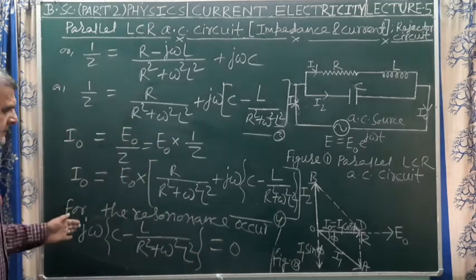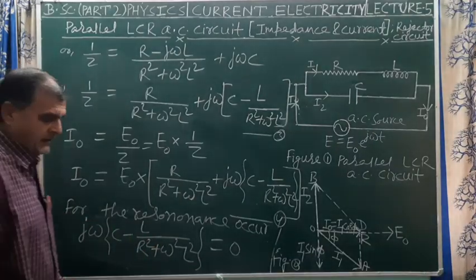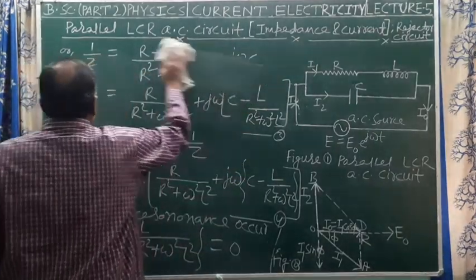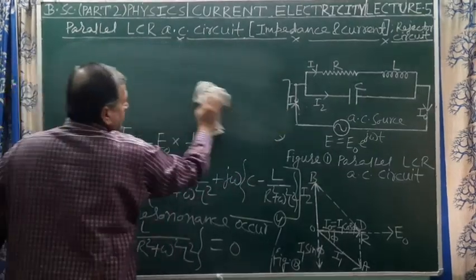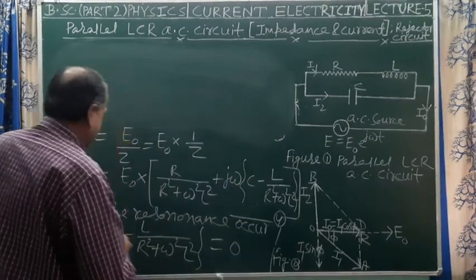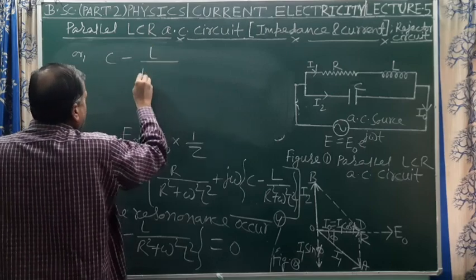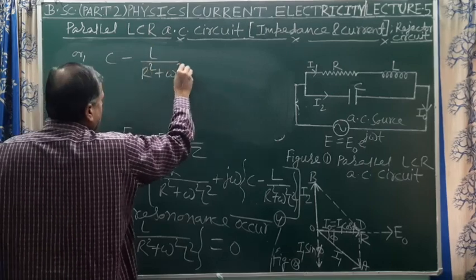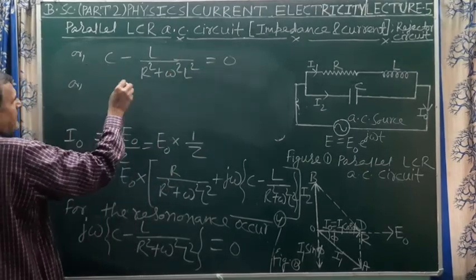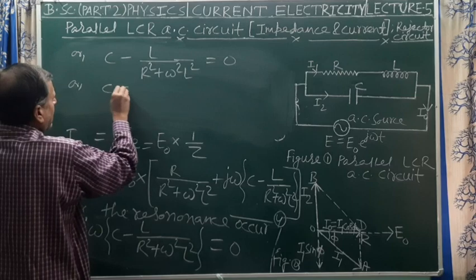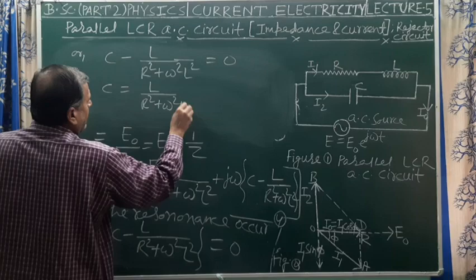Since j omega cannot be equal to 0, the bracketed term must be equal to 0. So we get C minus capital L upon R square plus omega square L square equals 0, or C equals L upon R square plus omega square L square.